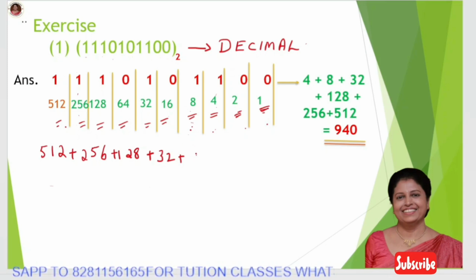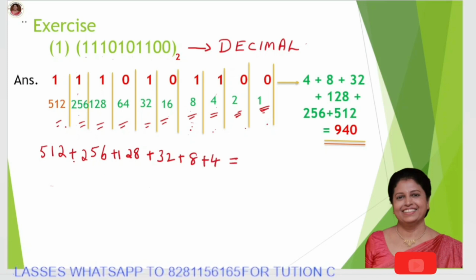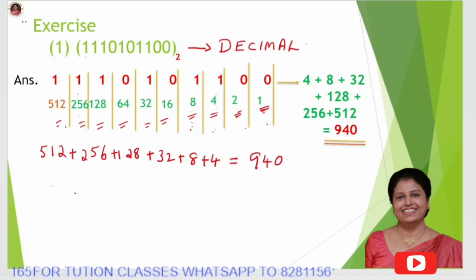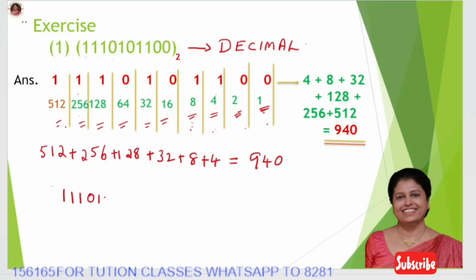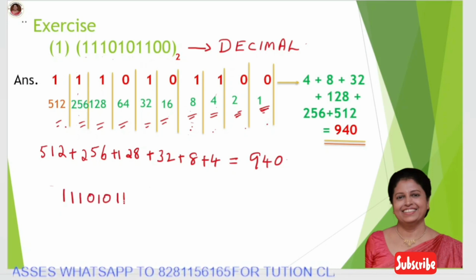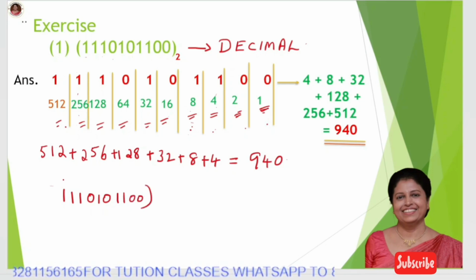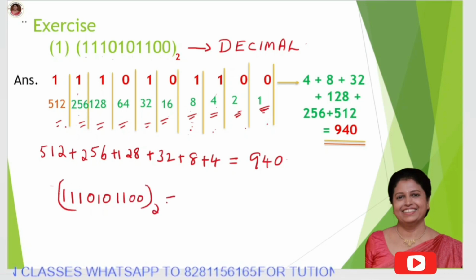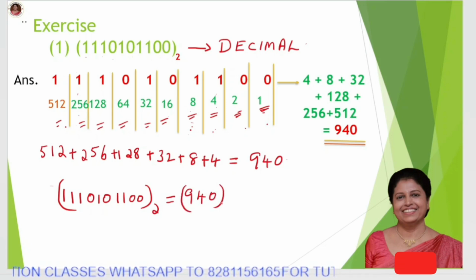Then here it is 8 plus 4, and this is equal to 940. That means this number, 1110101100 to the base 2, is equivalent to the number 940 to the base 10.